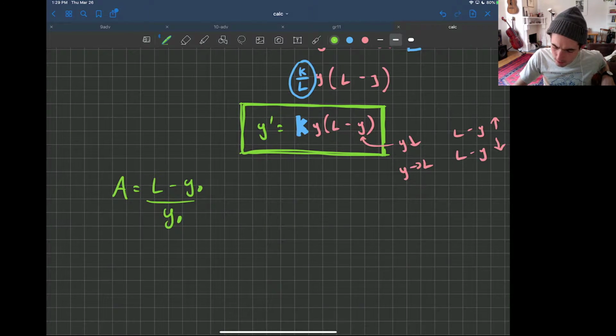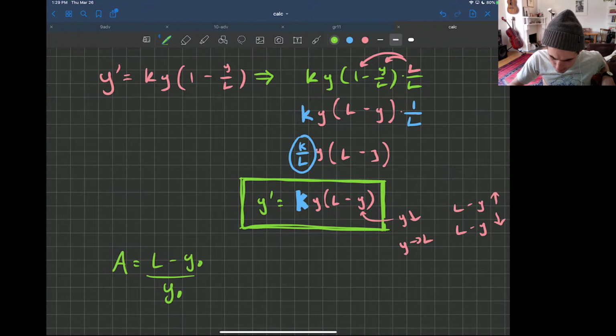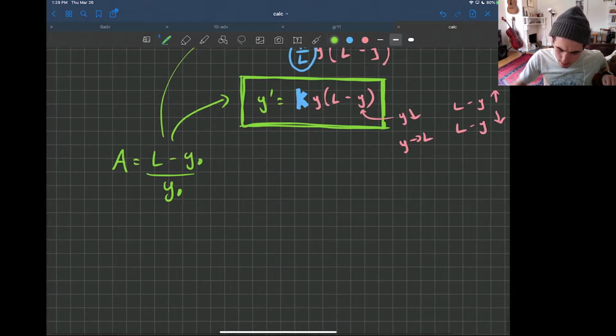When you end up solving this differential equation, and it doesn't matter which one, you're going to get some constant out there. So you get basically this.